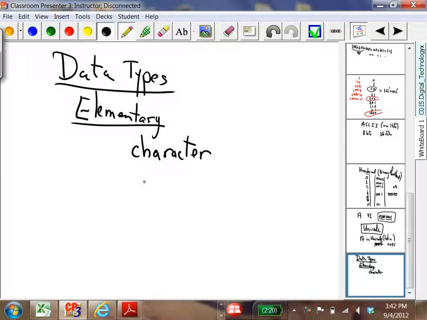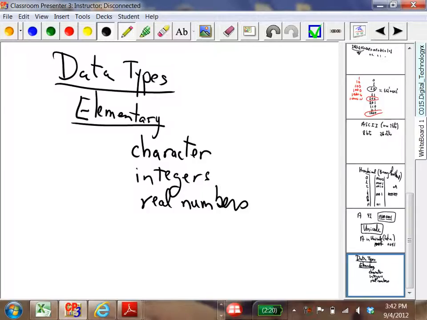And there are integers, and there are floating or real numbers. This character data type is what we store basically in ASCII or Unicode.